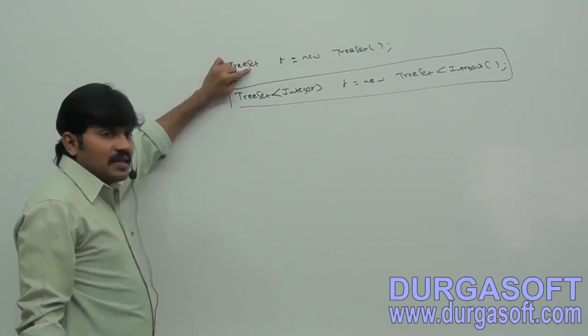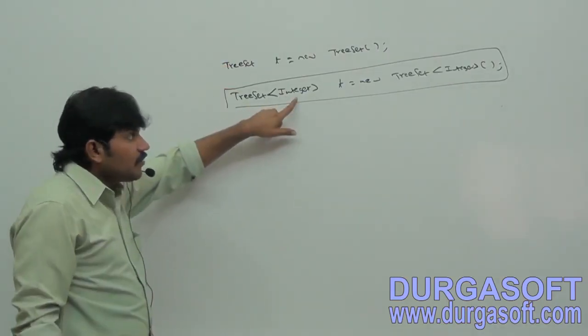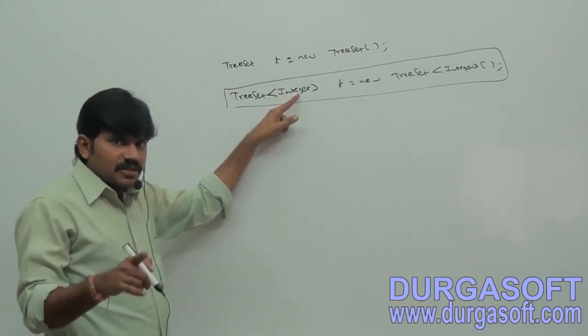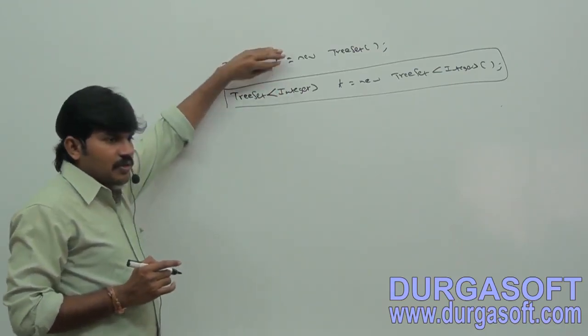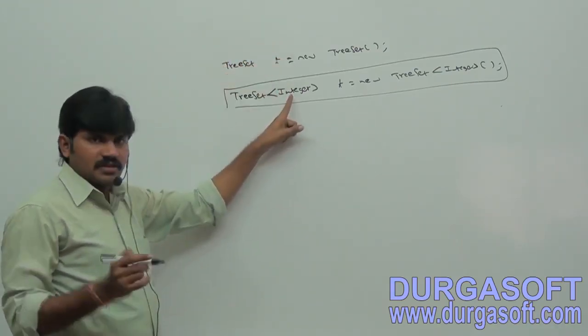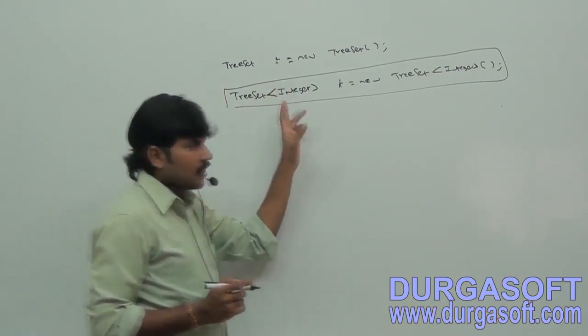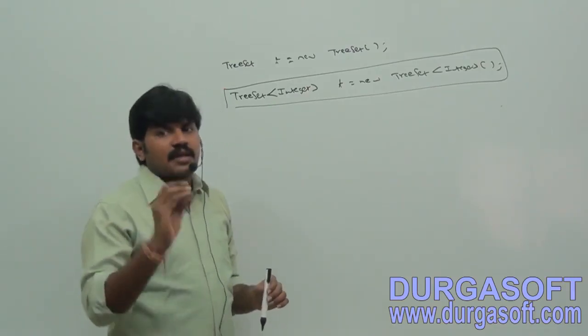In the first we can add any type of object, but here we can add only Integer type. This is the generic version of TreeSet, and the other is the non-generic version. I will explain generics in detail later. For this TreeSet we can add only Integer objects.